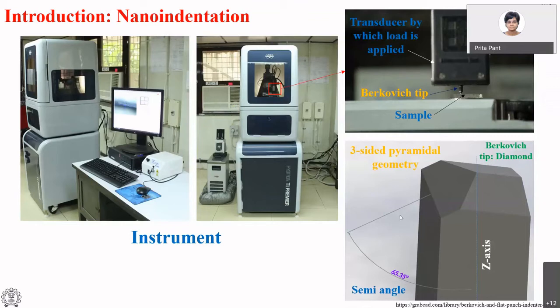Okay, and here is a schematic of what the tip looks like. It's a three-sided pyramid, and ideally 3 planes should meet in a point, and the included angle between the z-axis and the median of one of the faces should be exactly 65.35 degrees.